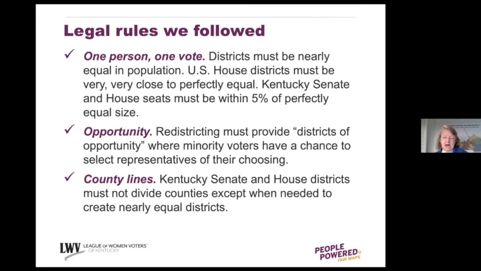The second is opportunity. Redistricting must provide districts of opportunity so that minority voters have an opportunity to choose representatives who will represent them and their values and their thinking. And then the third rule, and this is in the Kentucky Constitution, is that Kentucky Senate and House districts must not divide counties unless it's absolutely necessary to meet the one person, one vote population numbers.